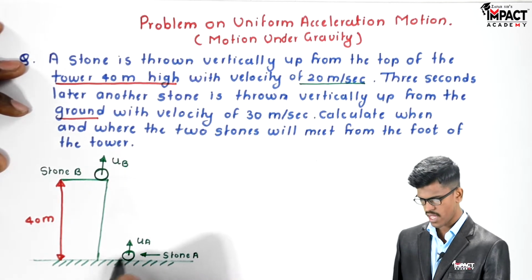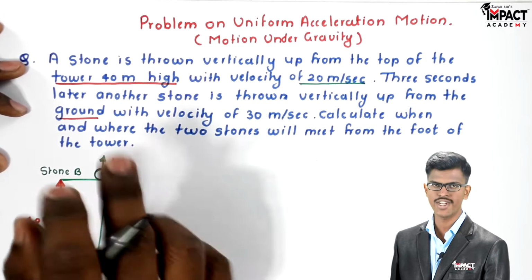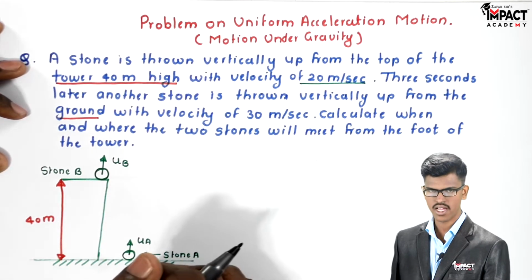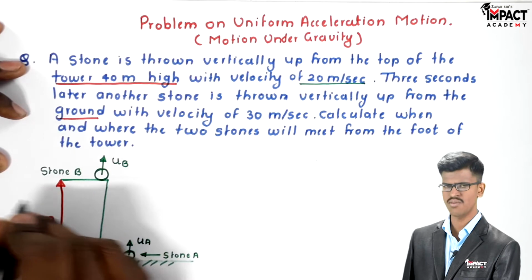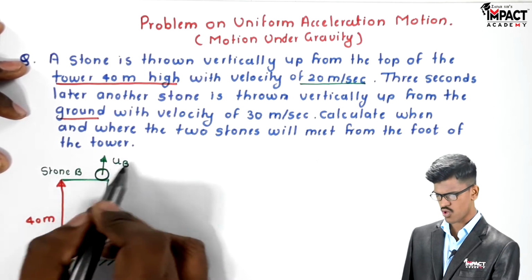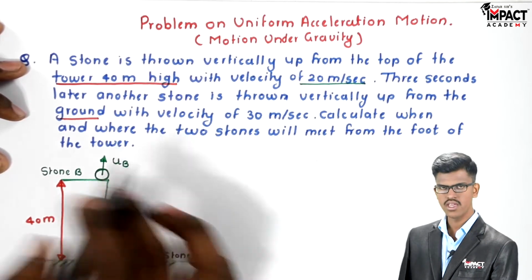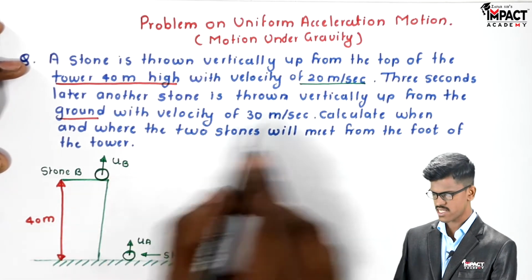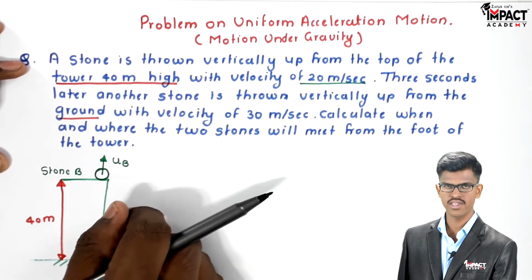Stone A is thrown vertically upward, so its motion is against the gravity. At some particular point, stone A and stone B meet each other. We have to calculate that distance and time where they meet.